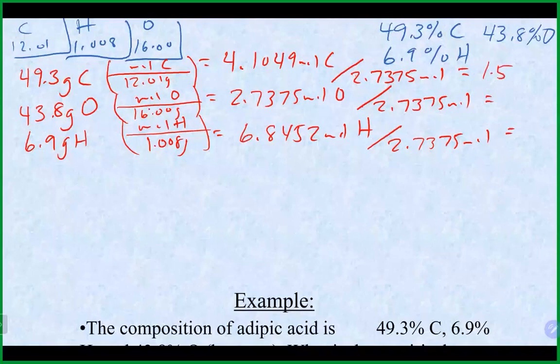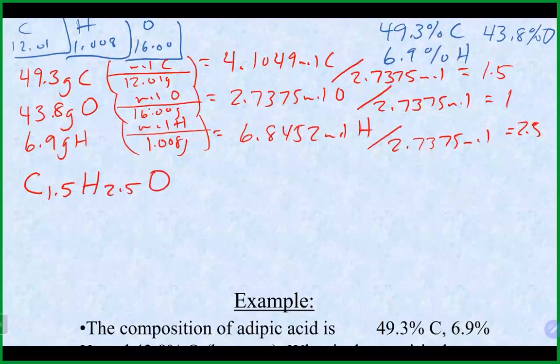This one here is obviously going to give us 1, and 6.8452 divided by 2.7375 is going to give us 2.5. So in this case, we would have C 1.5, H 2.5, and O 1.